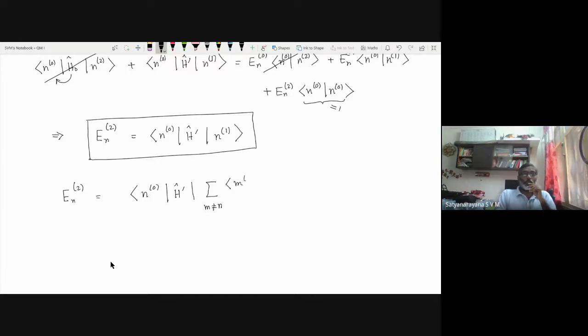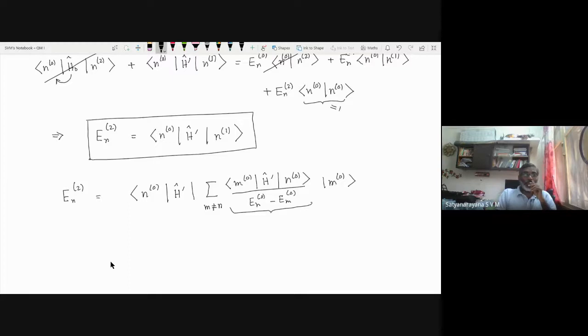M0 H prime N0 divided by En0 minus Em0 into M0. This is the state. Now remember this one is just a number or a constant. The state is only this M0.